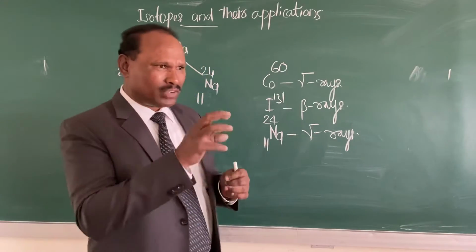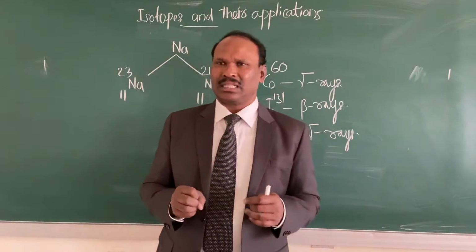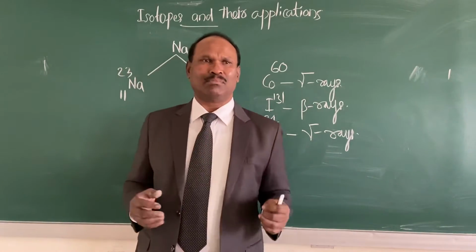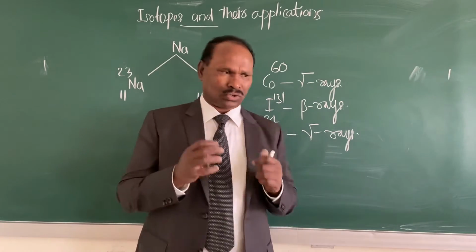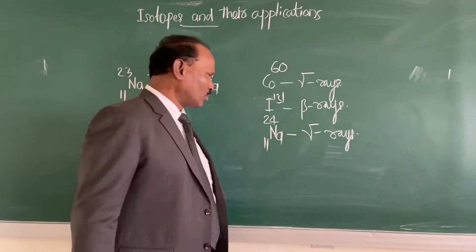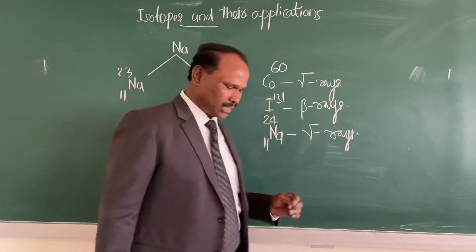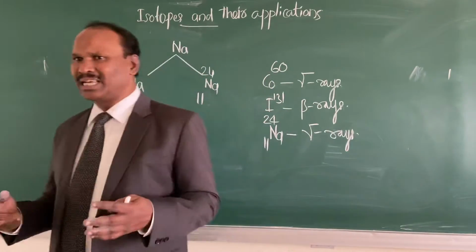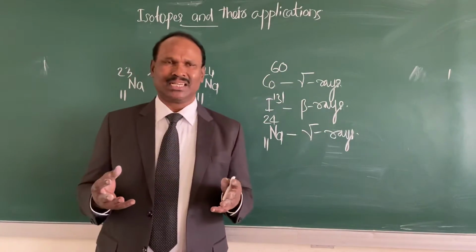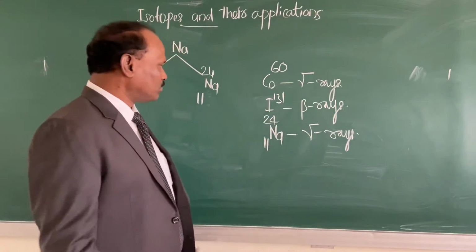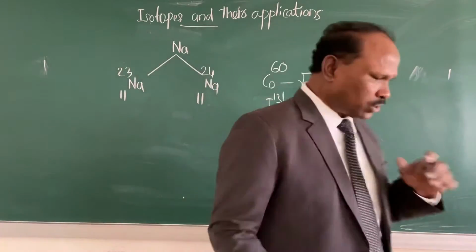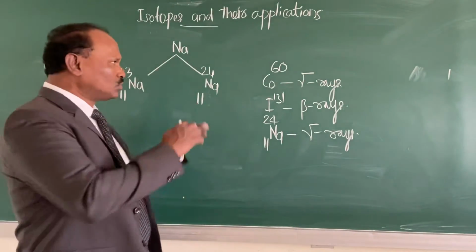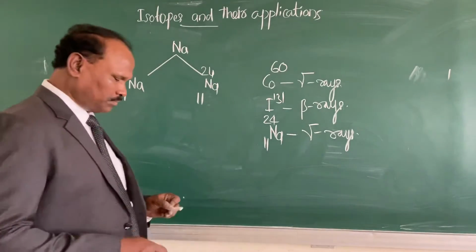When we notice from which part the gamma rays are coming, then we can say that there is an internal injury or blood clotting. So radioactive isotopes are used in the medical field.